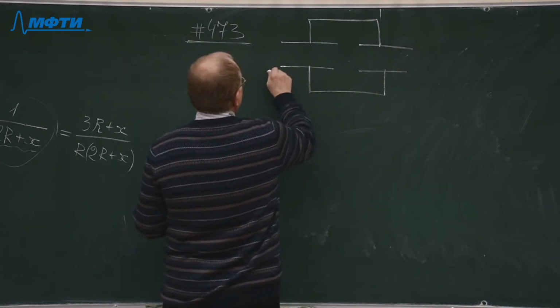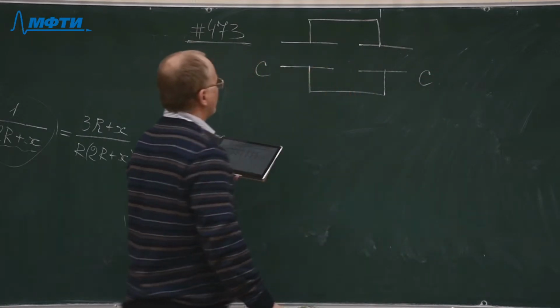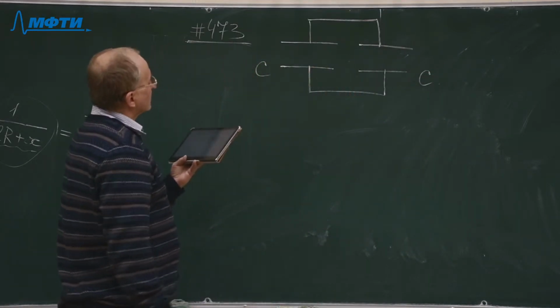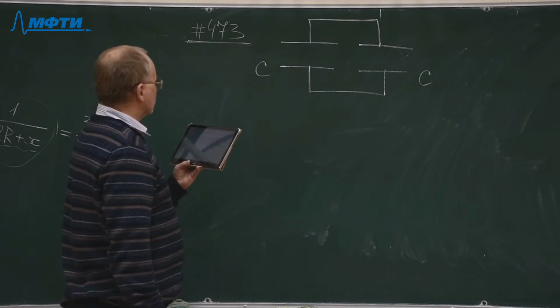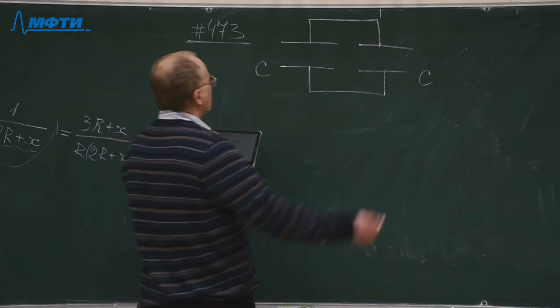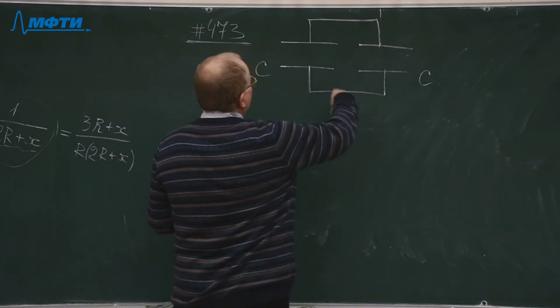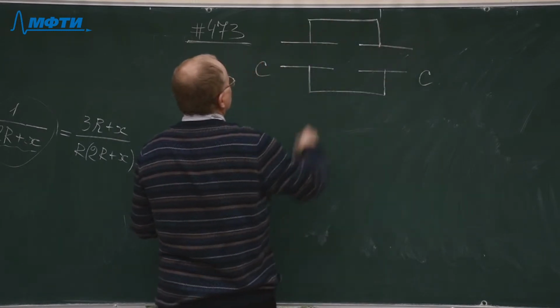If they are identical, then they have the same capacitance. Two identical plane capacitors connected in parallel, and charge Q is put on the upper conductor, on the upper part of the scheme.